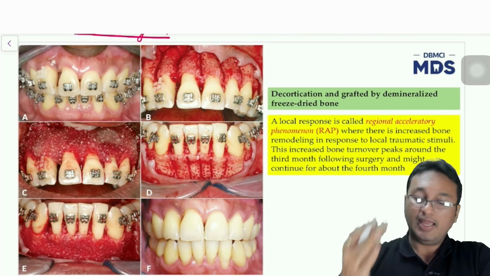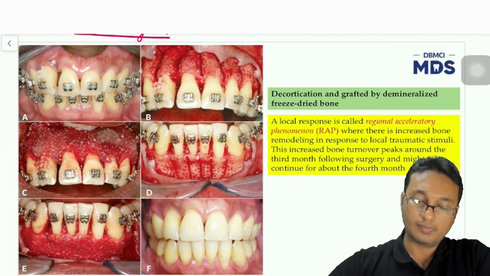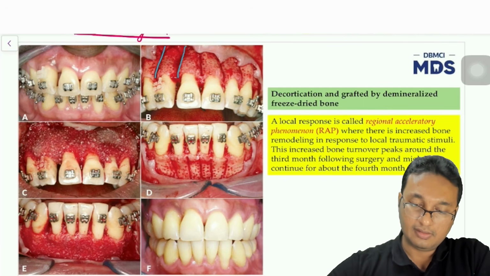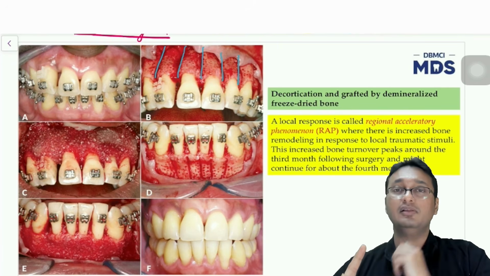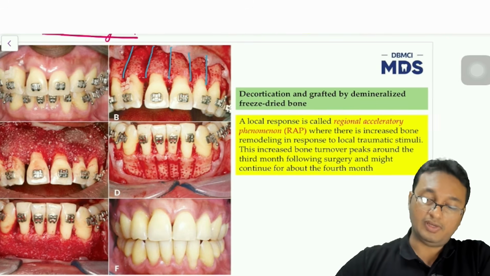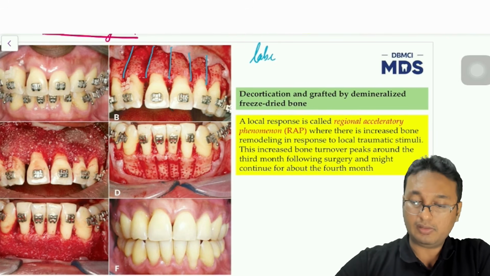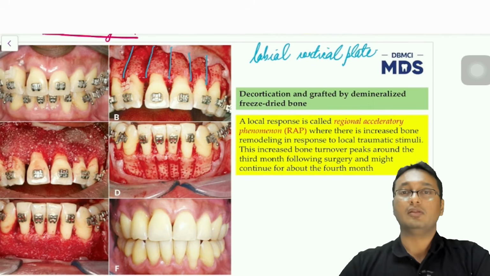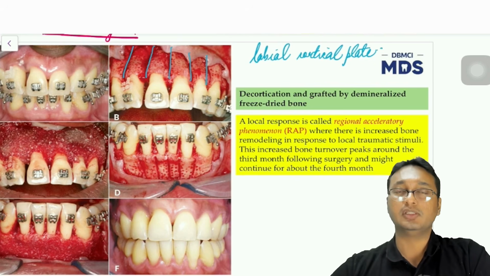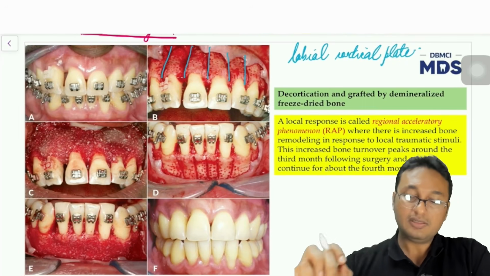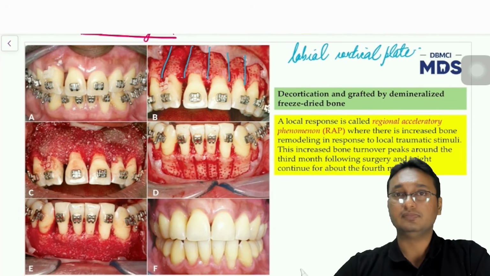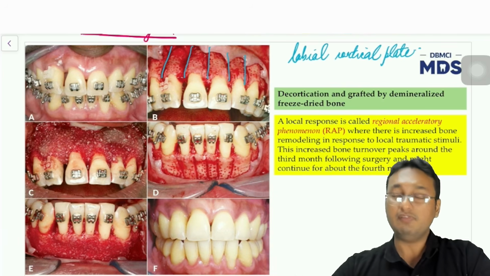Then using a piezotome, we create certain osteotomy cuts involving only the labial cortical plate. That's important. Only the labial cortical plate has to be osteotomized. We are not supposed to touch the lingual cortical plate. Okay. After that, we insert certain graft material into it, and then we close the flap.